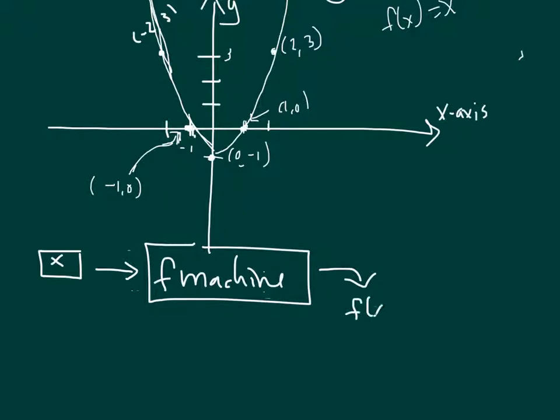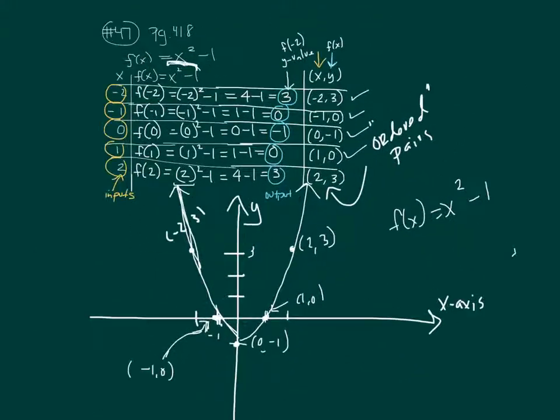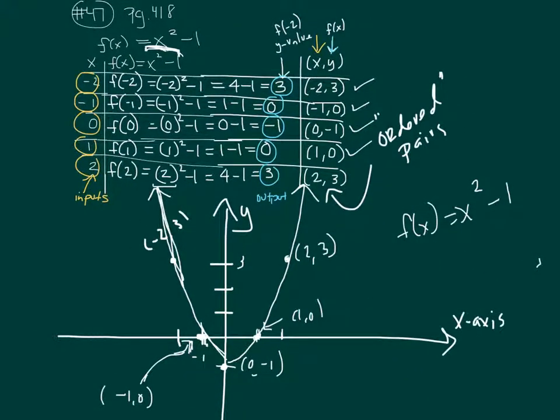So f of x. Again, this is your, I think I called it yellow, input, and this is your output. And another thing, we can call the output y. So again, x is the input, and y is the output. So that's it. That's our graph. And notice again, we're using what we know already. We are evaluating this algebraic expression by inputting certain values.